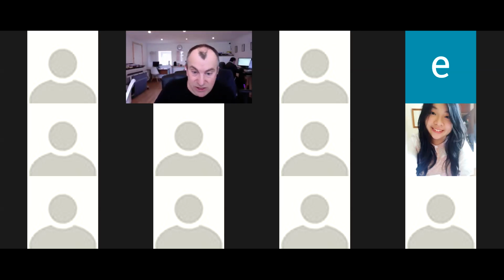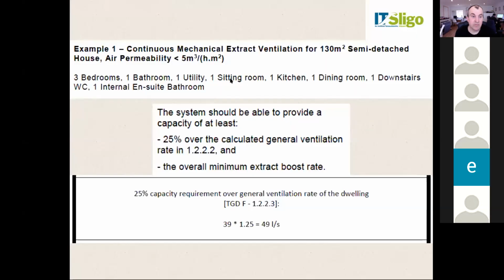So I'm going to go back to the screen again. I'm going to share PowerPoint again. That's where we got to. And we worked out that the general rate multiplied by 1.25 was 49 litres per second.